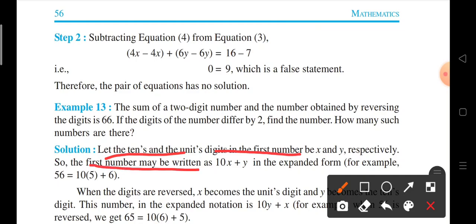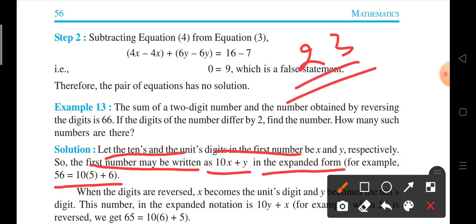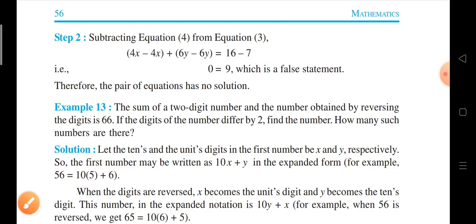So the first number may be written as 10x plus y in expanded form, for example 56 is 10 into 5 plus 6, which we have explained with the help of 23. Now when the digits are reversed, x becomes the unit digit and y becomes the tens digit. This number in expanded form is 10y plus x.